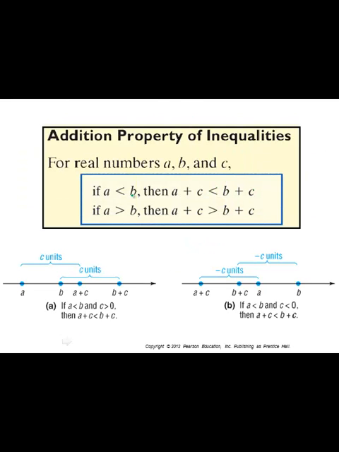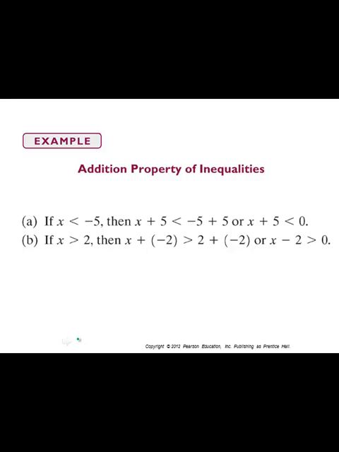Okay. If you have an inequality and you add the same number to both sides, then the resulting inequality will still be true. And you could also subtract the same amount as well. But just focusing on addition, let's look at this example here.